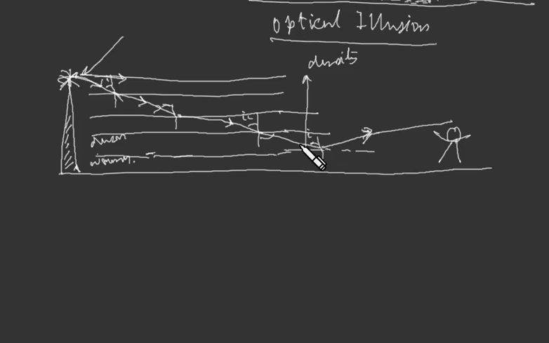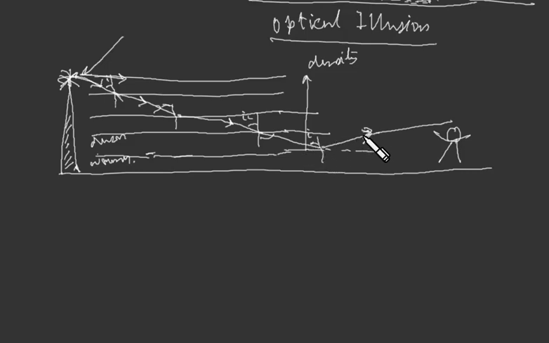See, the reflected sunlight from the object comes and gets refracted by the different densities of the air, and then at some point the angle of incidence becomes more than the critical angle, and total internal reflection happens.